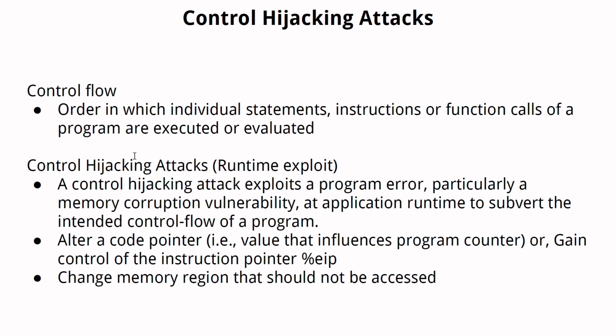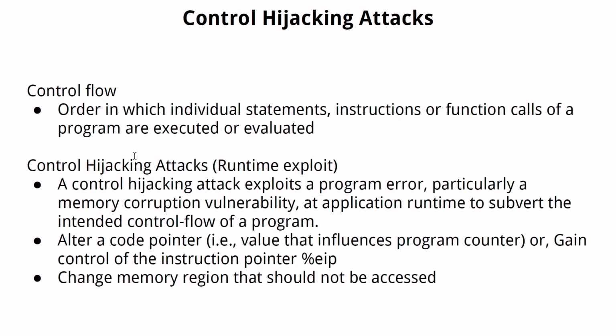And to hijack a control flow, the attacker needs to overwrite something called a code pointer. So here I'm borrowing the C concept of pointer. In the C programming language, what is a pointer? Right? A pointer is basically just an address. And a code pointer means that at that address, there is executable code, okay?